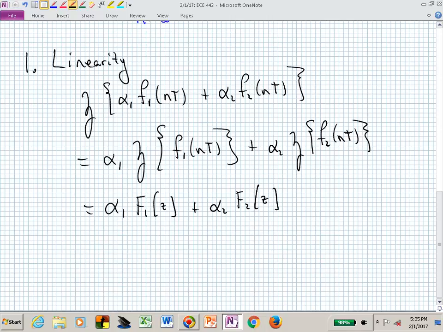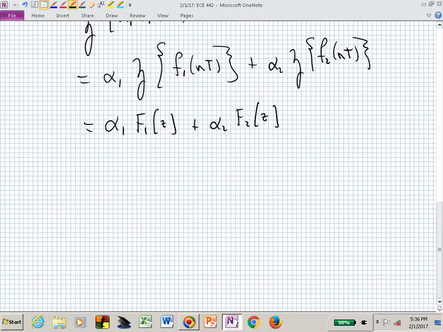And that now allows us, if we can identify a little f sub 1 and a little f sub 2 within a given time sequence, and we know the Z-transforms of little f sub 1 and little f sub 2 separately, it's maybe a very quick process to find the sum, or this weighted sum, of Z-transforms, to find the overall Z-transform.